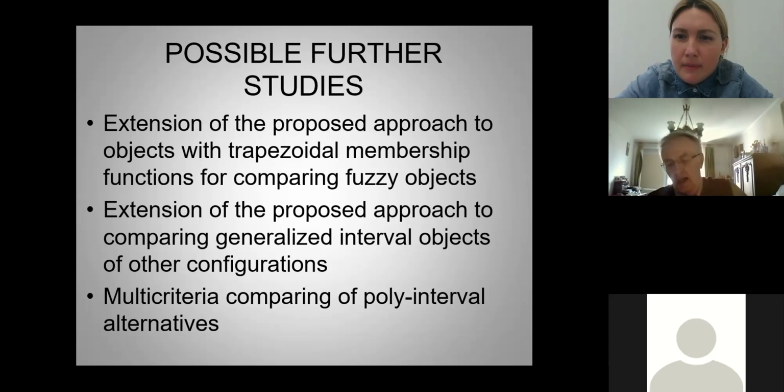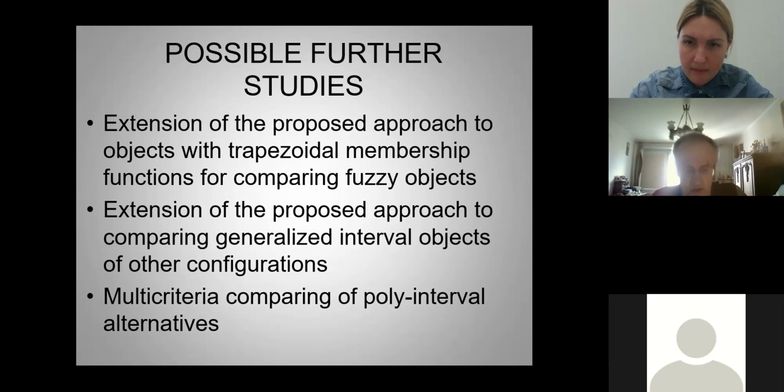Thank you for the question. Of course, there are a lot of methods of comparing, especially for comparing of fuzzy intervals. There are more than 30, maybe 40 methods, but they are specifically for comparing of fuzzy objects, fuzzy alternatives. And besides, these methods contradict each other. For the same data, they give different results.